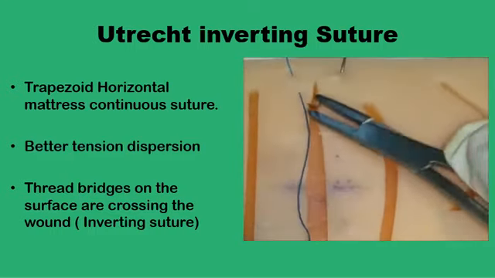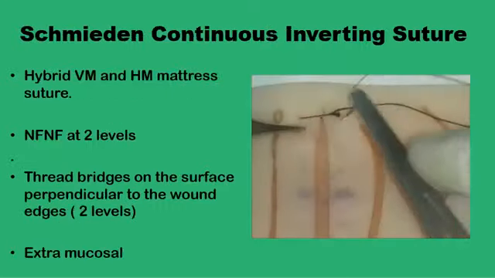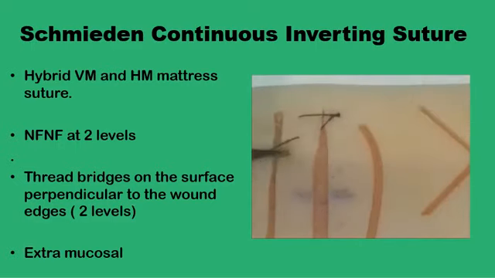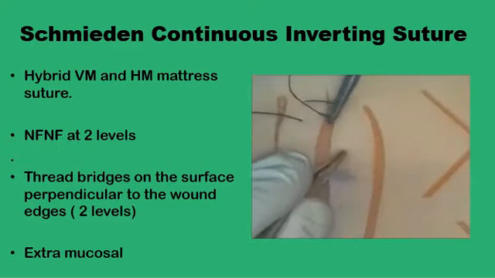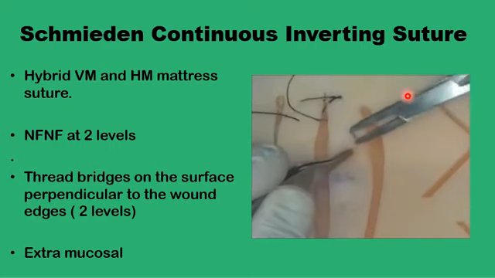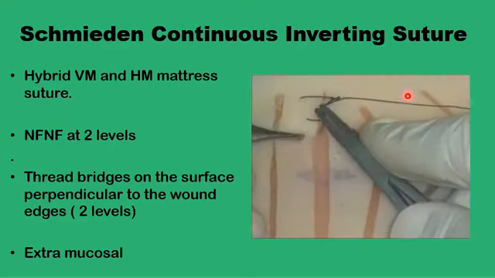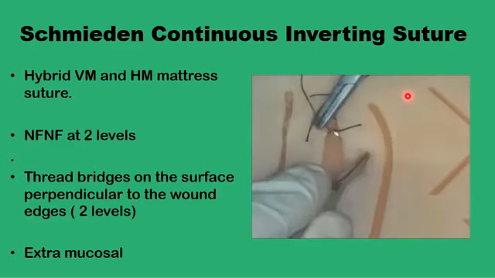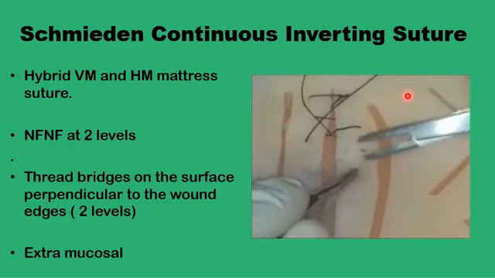The Schmieden continuous inverting sutures take the pattern of near to far at each level. So you go from a near point to a far point at one level, and then near to far at the next level, not the same level.